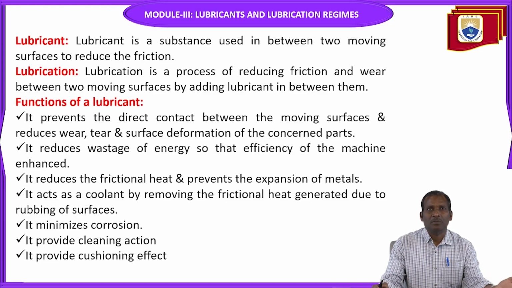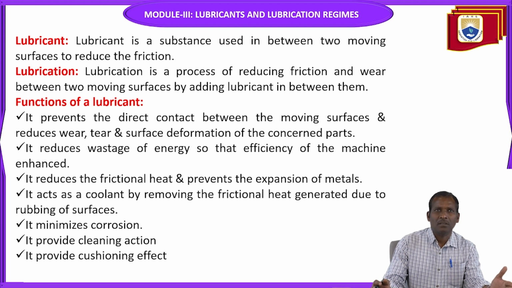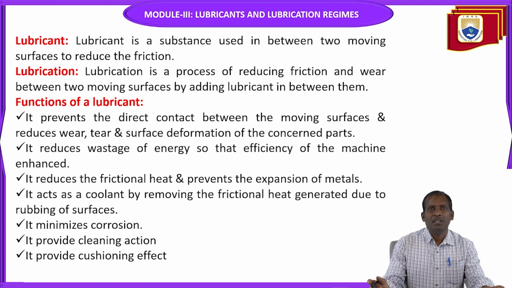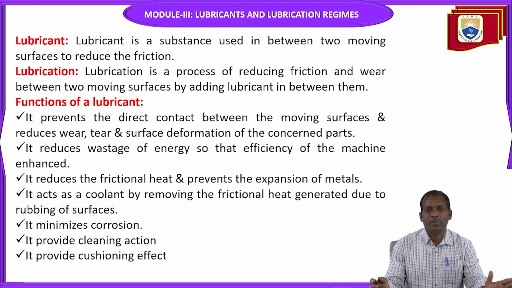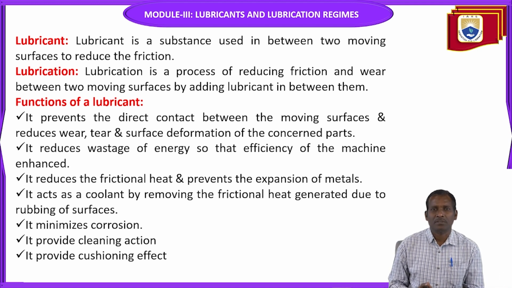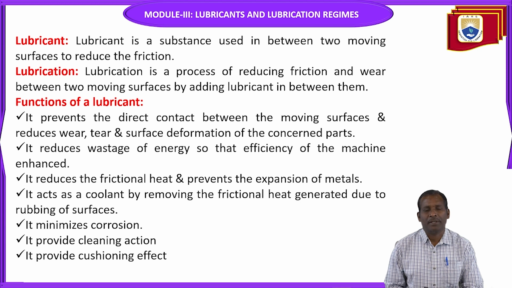Before going to today's topic, we should recall the lubricant and its functions once again. The lubricant is a substance used between two moving surfaces to reduce friction. The main aim of the lubricant is to reduce the friction between two meeting surfaces. Whenever two contact surfaces are in relative motion, there must be friction and wear.